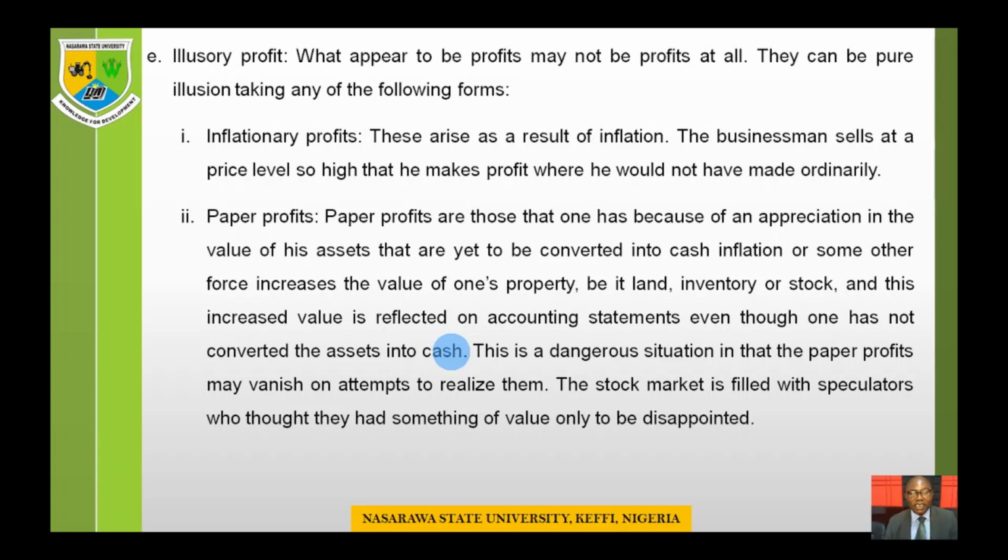This happened recently in Nigeria, where the subsidy was removed from petroleum products, and the people jacked their price from 190-something to 537 naira, and they made almost three times the money, which was more like inflationary profit.